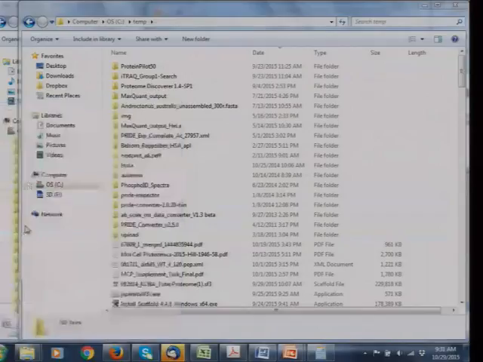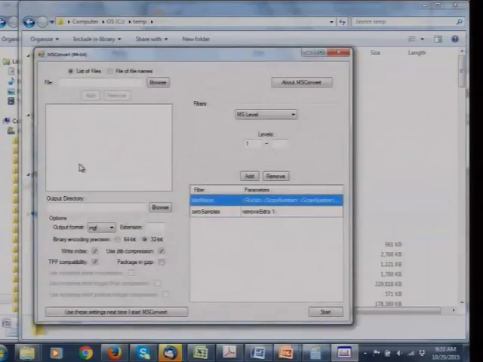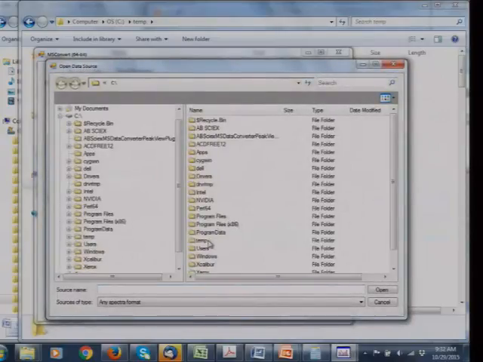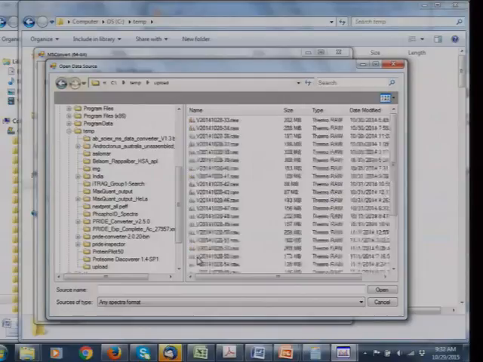One is the converter, so you need to give it a file you want to convert, .raw to .mgf.